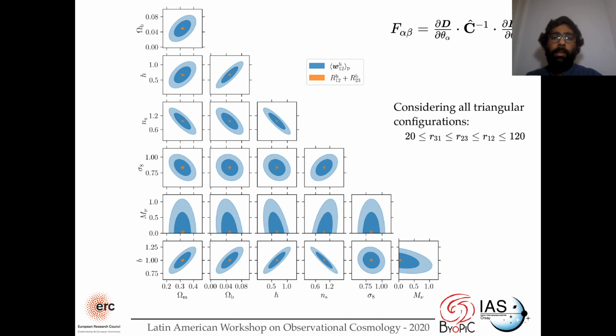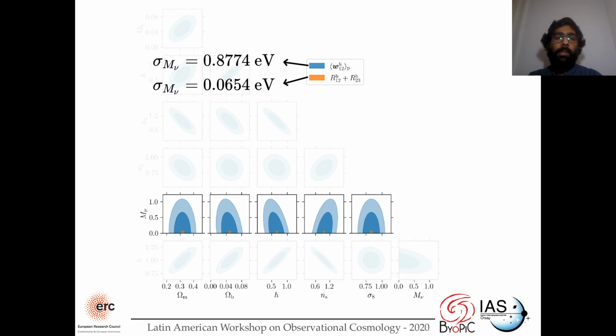In this plot, the blue contours represent the constraints from the mean radial pairwise velocities, and the orange is from using R12 and R23 for halos. We consider all triangular configurations with a minimum separation of 20 h inverse megaparsec and a maximum separation of 120 megaparsec.